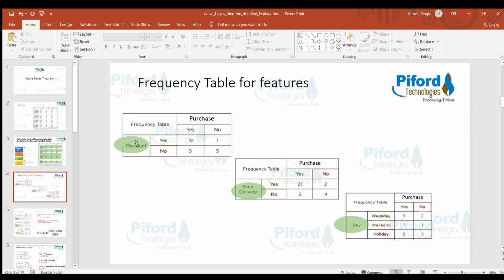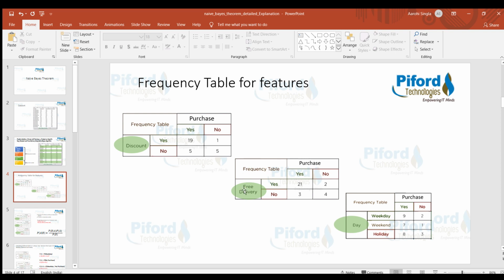What we understand from this frequency table is, when customers are getting a discount, 19 customers purchased and one customer didn't purchase. And when there is no discount, 5 customers purchased and 5 customers didn't purchase. So this is the frequency table for discount.